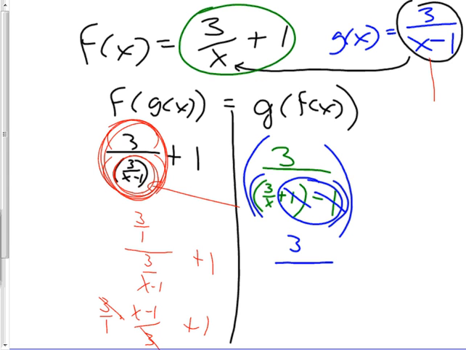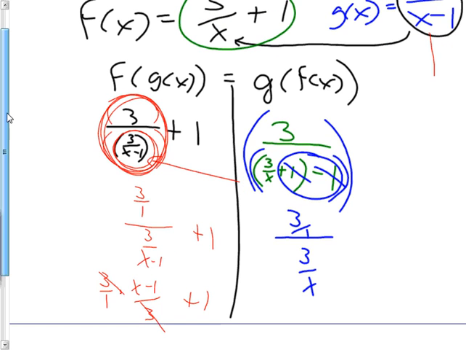And now I'll have 3 over x. And then I've got to know to make that into a fraction, so it plays nice with other fractions, make it over 1. So now I can rewrite that as 3 over 1 times x over 3. Now the 3's can cancel.